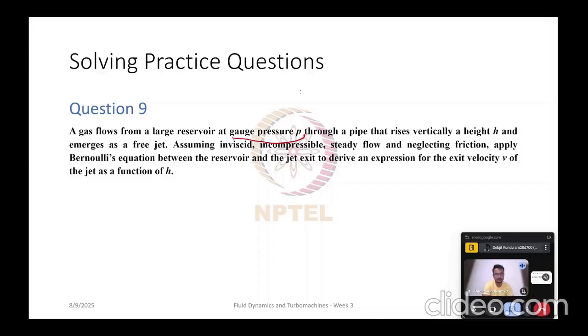So let's draw the picture that it is painting. So I have a large reservoir filled with gas, and there is a pipe which rises to some height h.